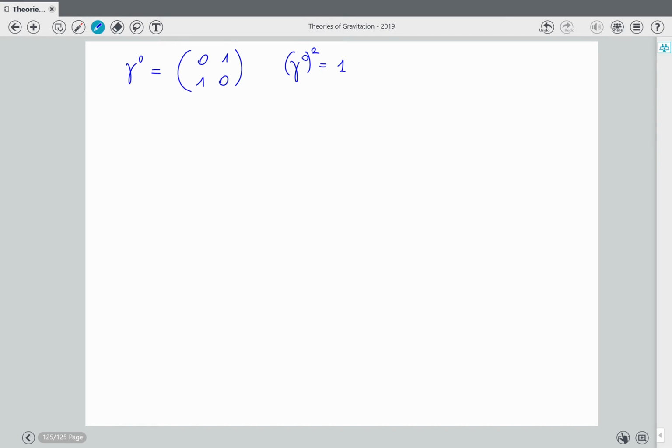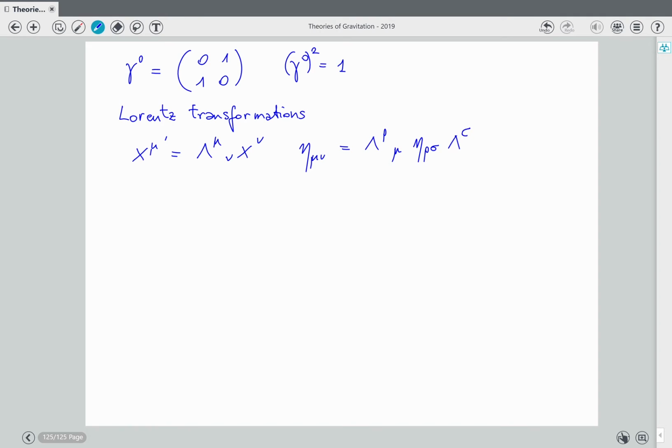Now, Lorentz transformations. Lorentz transformations are changes of coordinates such that eta mu nu is invariant, basically.